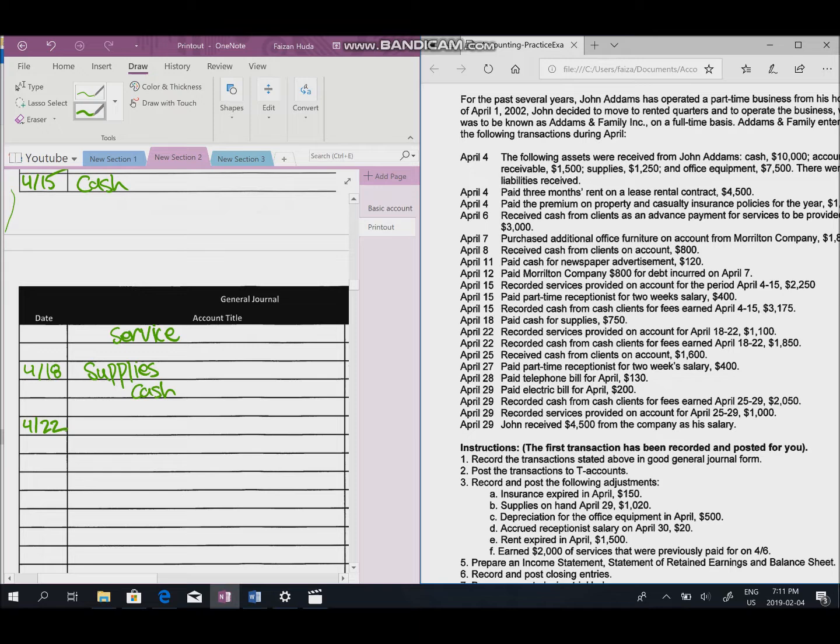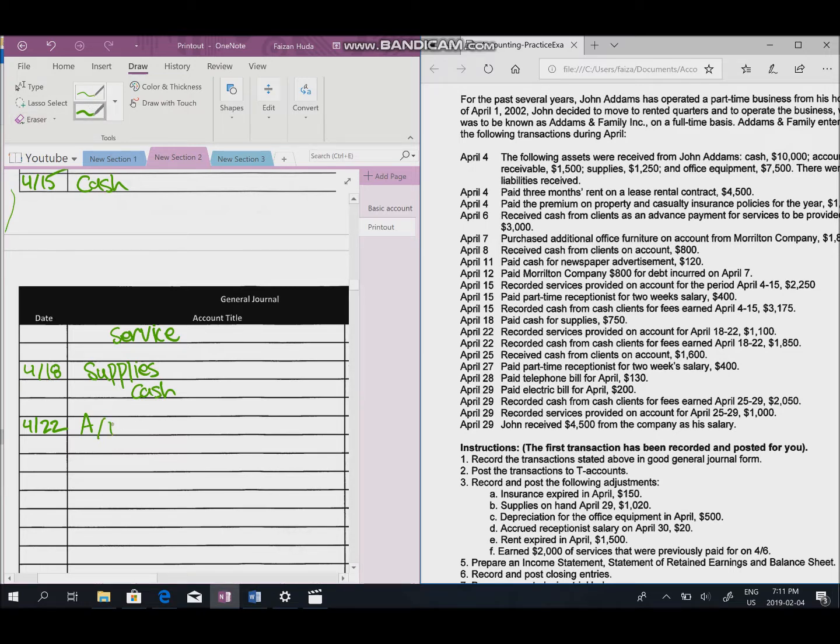It's basically recorded service. So I'm looking at the first one after the supplies. Recorded service provided on account on April 12. It says provided on account, which automatically means accounts receivable, as I said before. So I'm just going to use the short form for accounts receivable, which is AR.